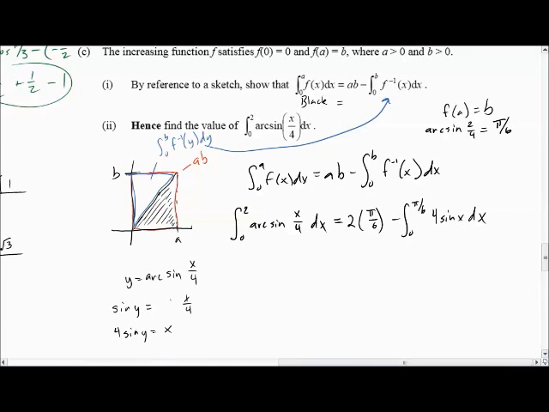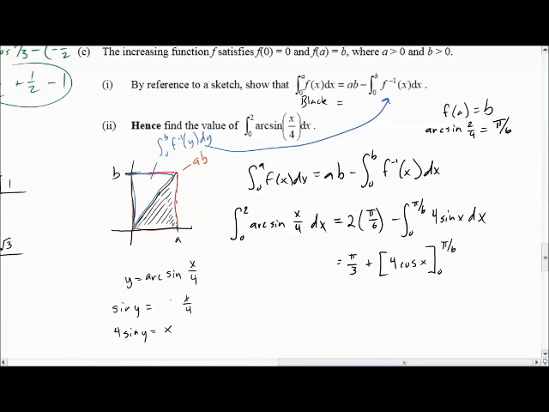And then from there we can go ahead and just do our integral. So we go equals 2 pi over 6, which is pi over 3. The integral of sine, of course, is negative cosine. So then it can just turn into plus 4 cosine of x integrated from 0 to pi over 6.